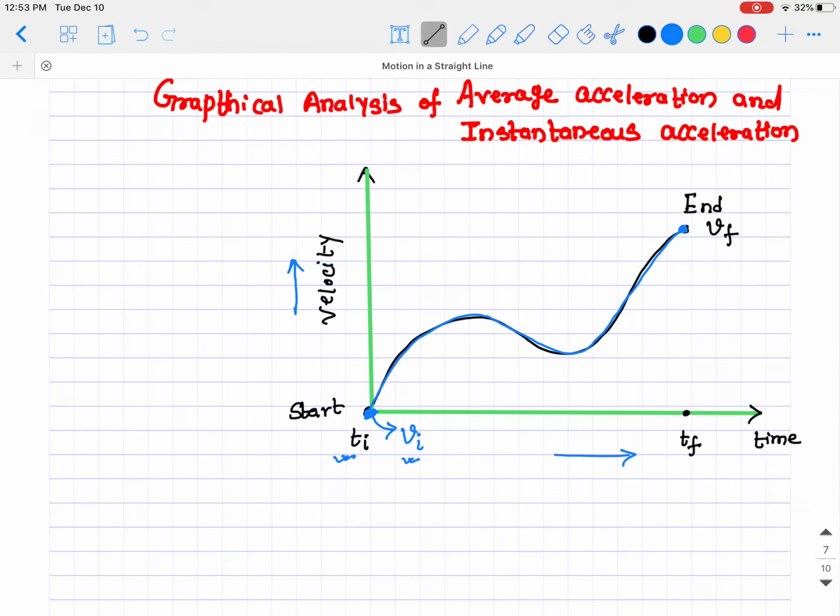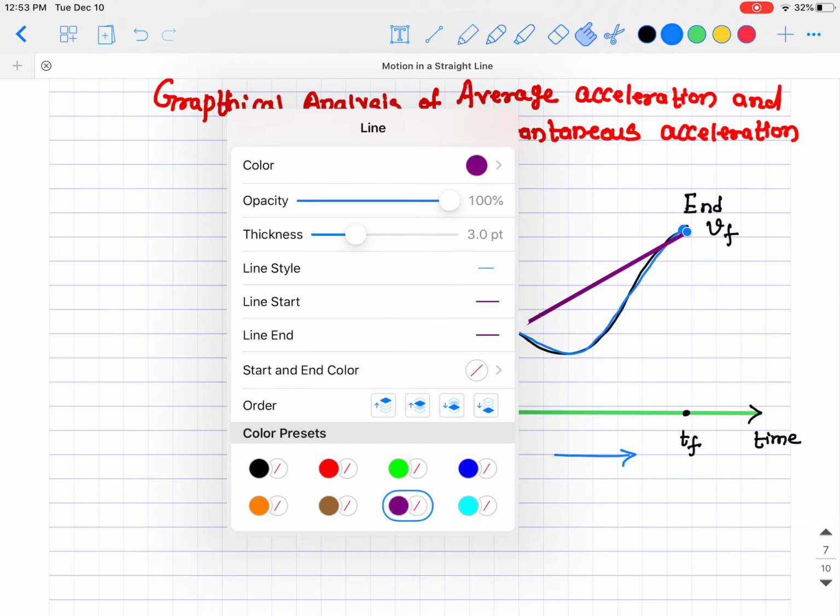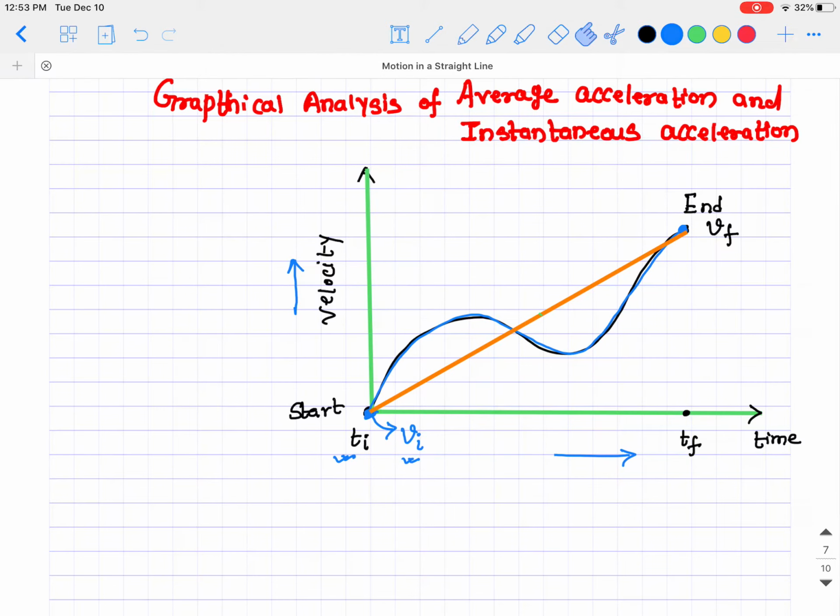In order to find the average acceleration between these two times graphically, we just need to connect the initial point and the final point. I'm making it a different color. Okay, so I just connected the initial and the final point.